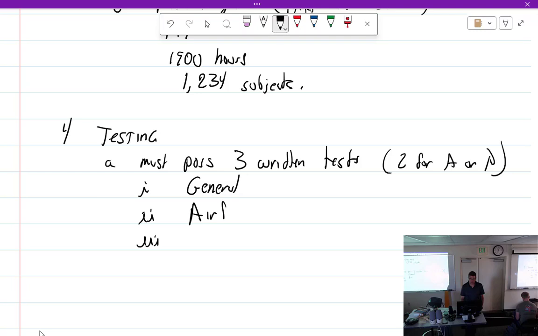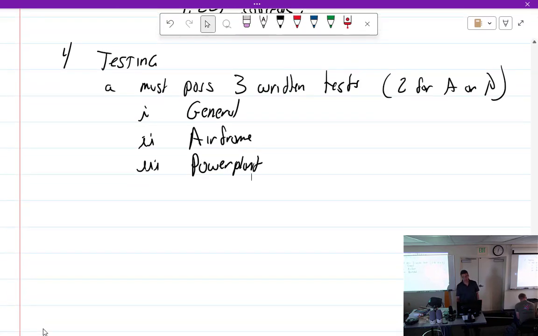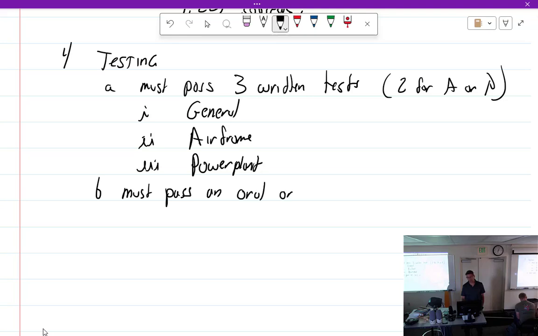Airframe. Power plant. Then what? Oral and practical. Technically that's 2 tests, but we just call it oral and practical.